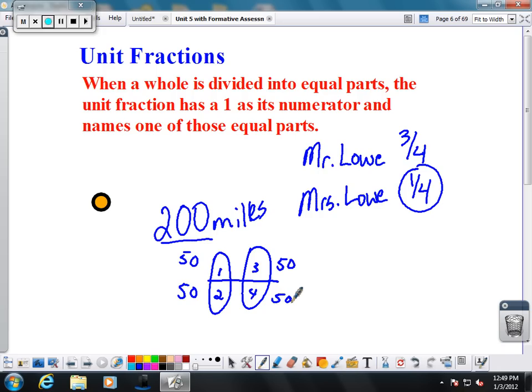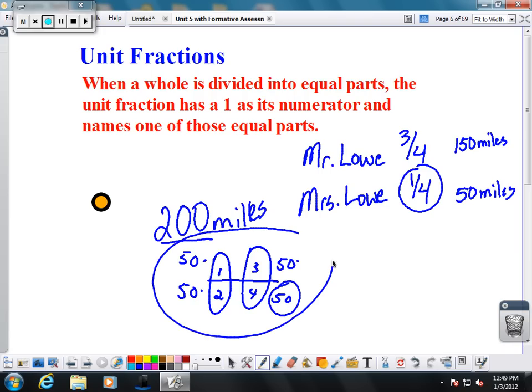So Mrs. Lowe drove 1/4, which would represent 50 miles. And I drove 3/4, which would represent 150 miles. I find it really nice and very useful to draw pictures out, especially when we're dealing with fractions. Draw things out. That pretty much concludes our quick lesson.